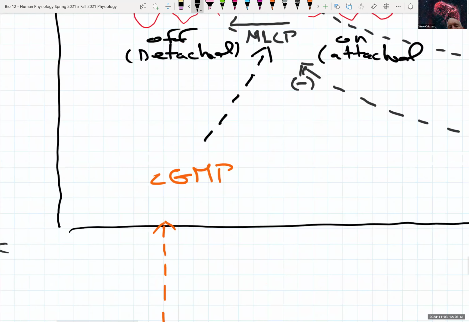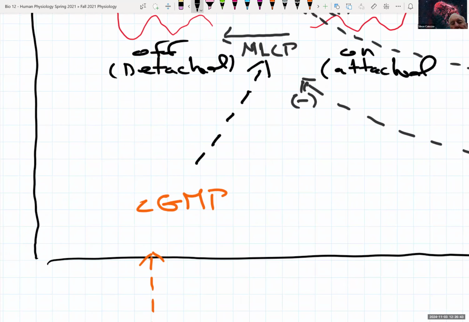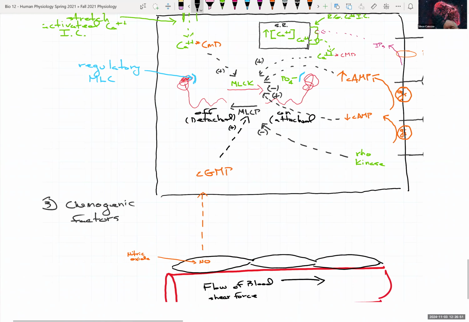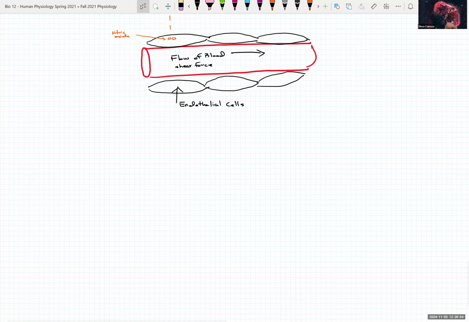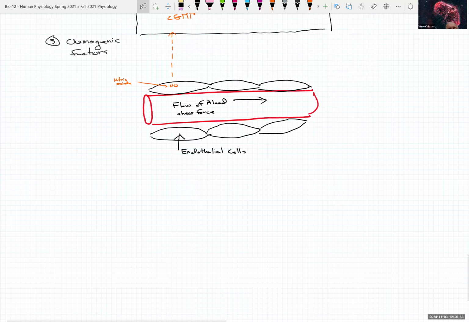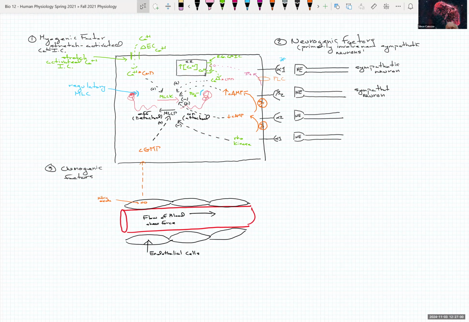Here it turns on myosin light chain phosphatase, and this causes the relaxation of smooth muscle and will cause the dilation of smooth muscle. So really a very cool process.